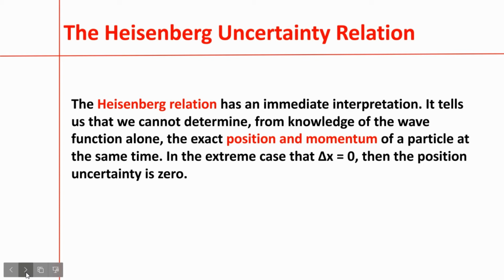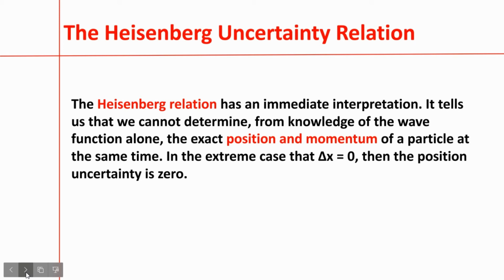A similar statement applies if delta p is equal to 0. In fact, this last possibility is the case for the example of a single harmonic wave function that we considered in the previous sections where we studied the wave functions, psi of x comma t.